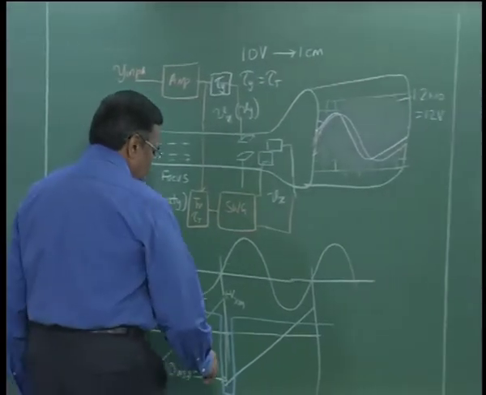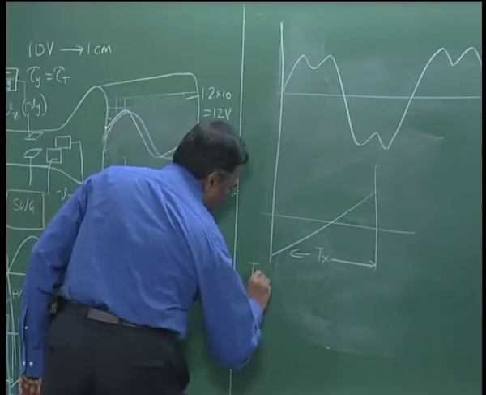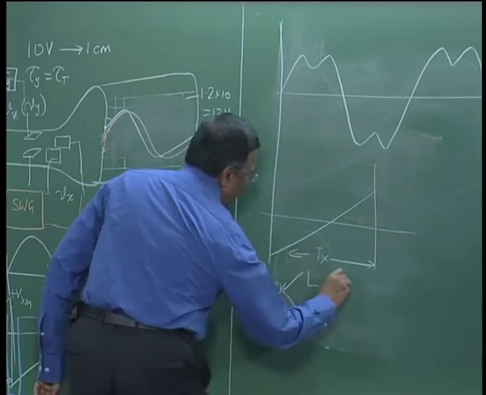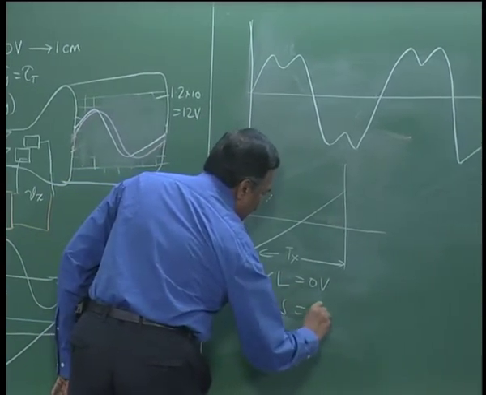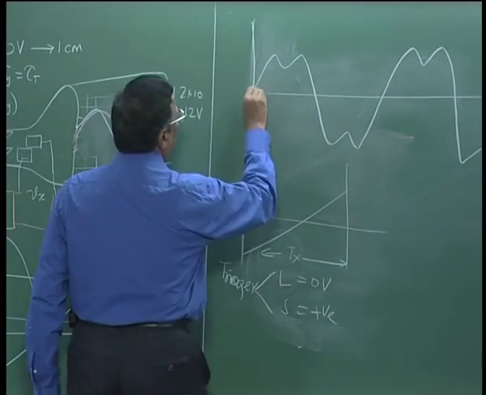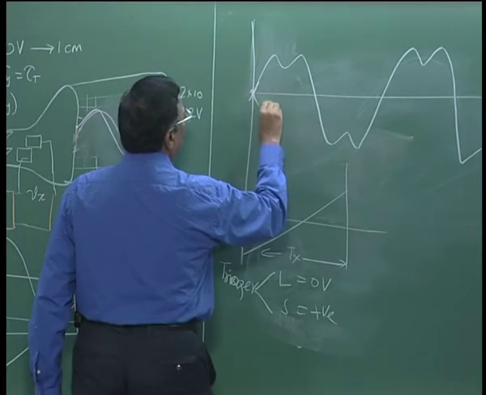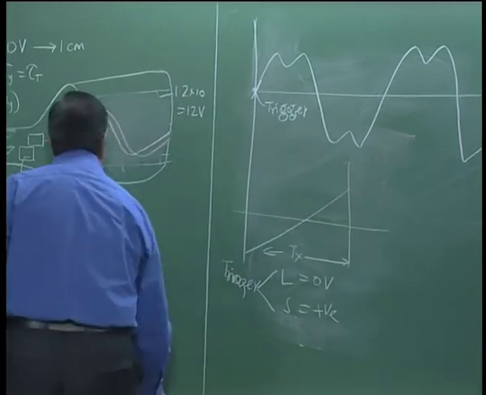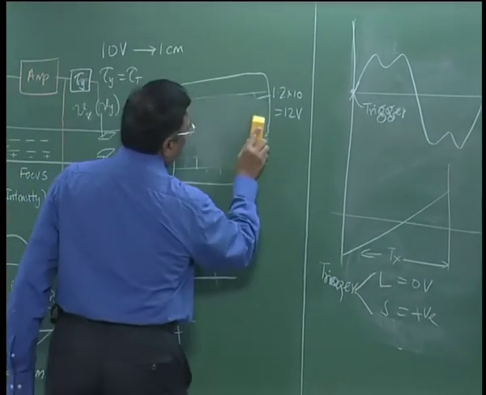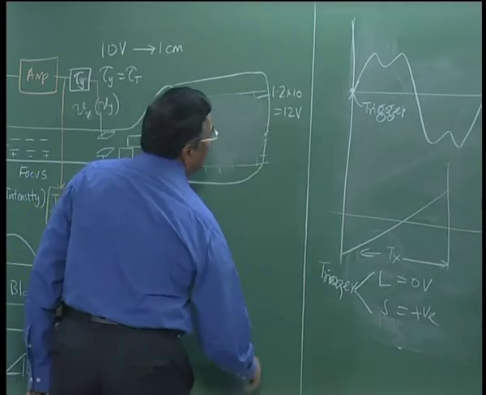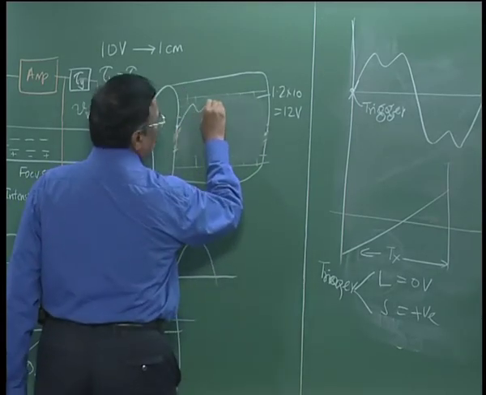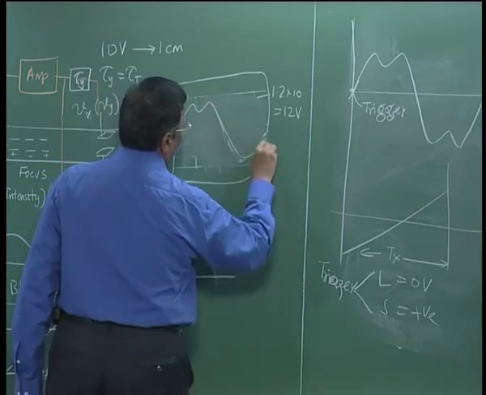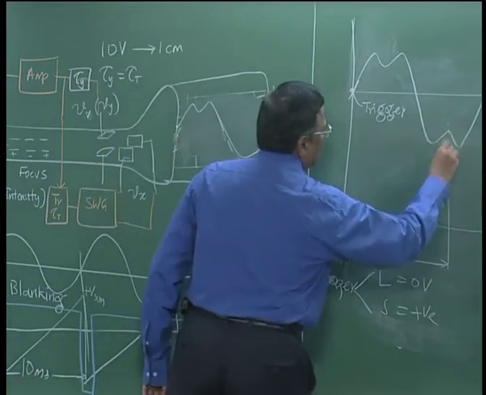Now, if I set my trigger level as 0 volts, slope as positive, right. So, I have 0 volts, positive slope. So, this is my trigger point, and I will see the waveform. The waveform that will be shown on the screen would be this, because it ends here. This waveform I will not see, right.